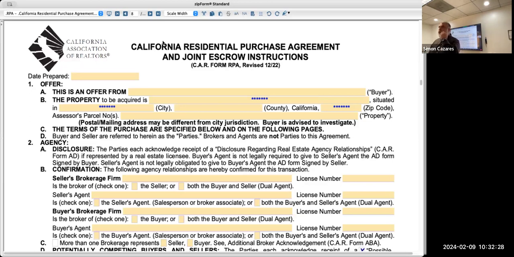Now, you should always have the most current purchase agreement. The current RPA is the December 2022. So there was really no modifications done to the RPA last year, which is good. But just remember that there's always updates, modifications, edits to all of the purchase agreements twice a year.